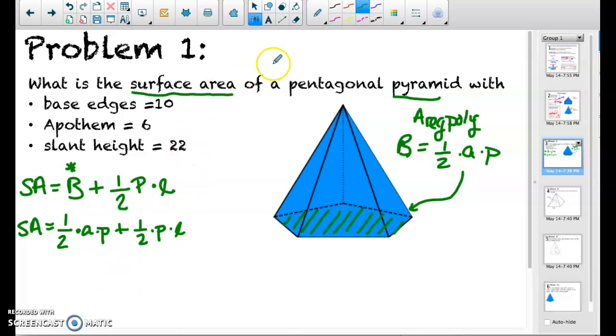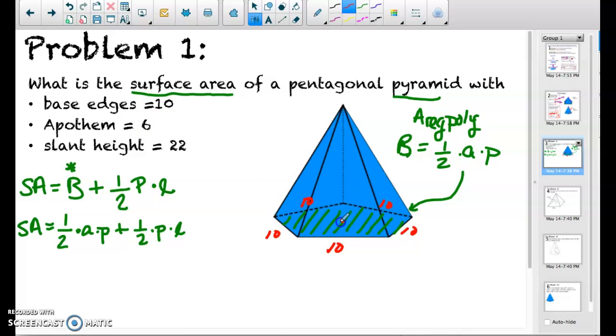So now I just have to put the numbers on my picture and fill it in. So it looks as though I've got base edges of 10, so I could put 10 all the way around this thing. I've got an apothem that is a length of 6.